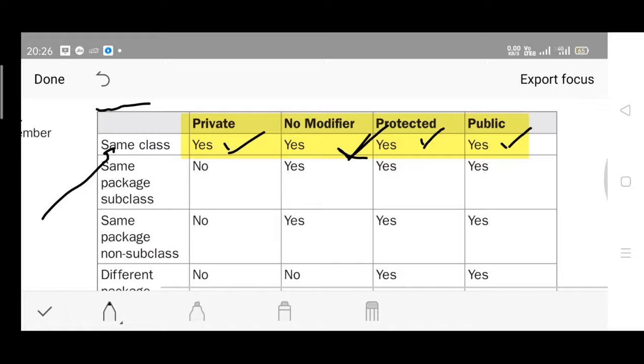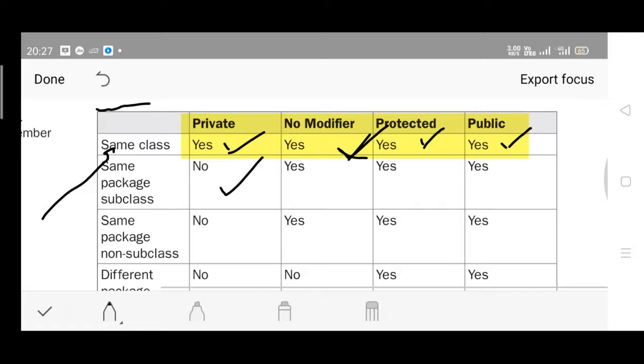Same package subclass, the second characteristic. All the members are included in the same package. From the subclass, is it accessible? Private members are not accessible. Of course, from the same class private members are accessible, but not from the subclass, right? It cannot be derived.